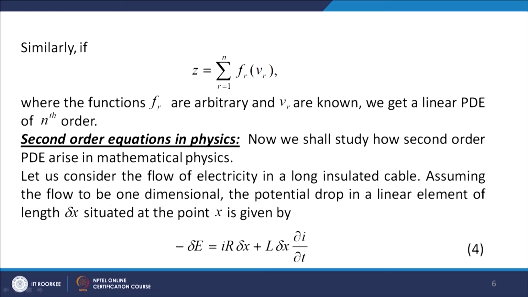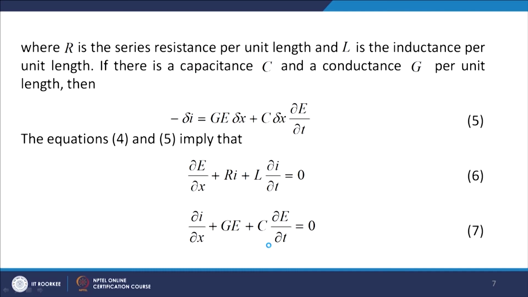So assuming that the flow is one dimensional, the potential drop in a linear element of length delta x, okay, suppose you have a long insulated cable, you take an element delta x in this, at the point x. Then the potential drop will be equal to, where R is the resistance in the cable, I is the current, and L is the inductance per unit length.